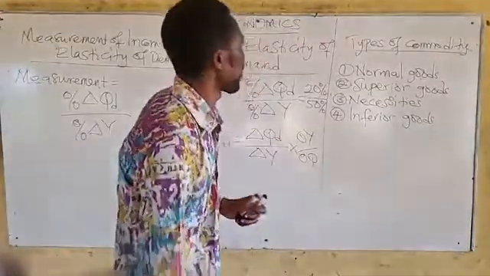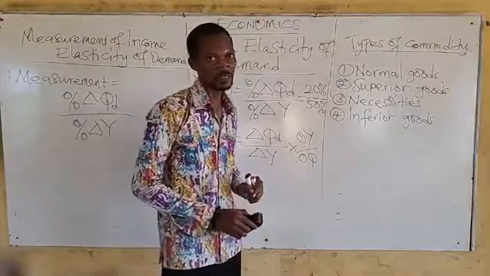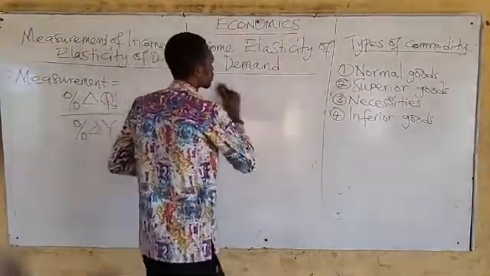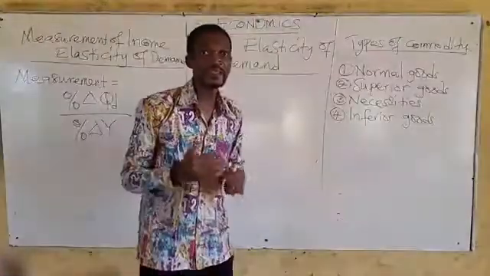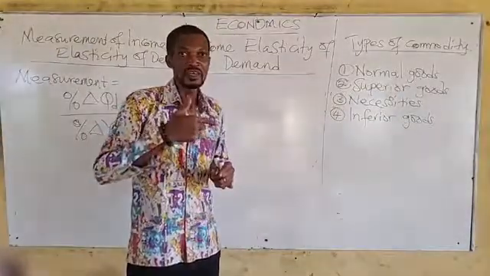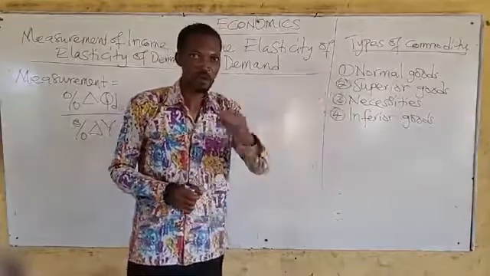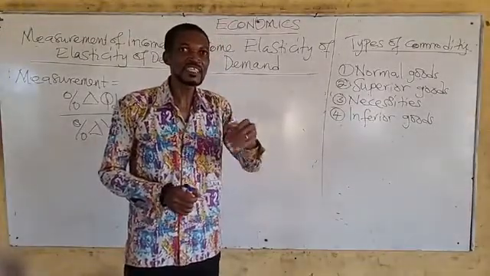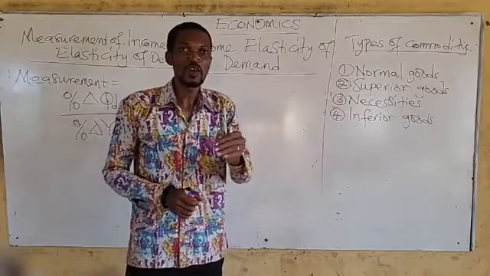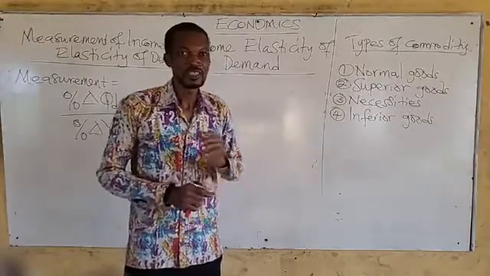Right. So let's look at what will show that a commodity is a normal commodity using the income elasticity concept. When the income of the person increases and the demand for the commodity also increases, then that commodity will be a normal commodity, especially when the percentage increase in the demand for the commodity is less than the percentage increase in the income.